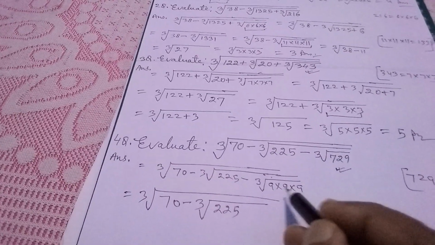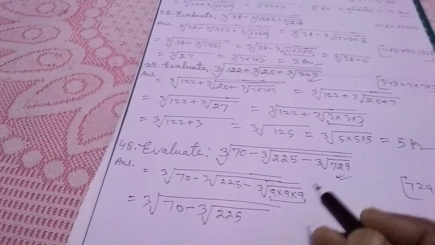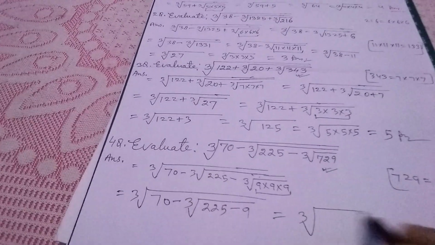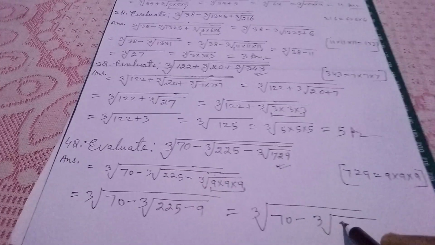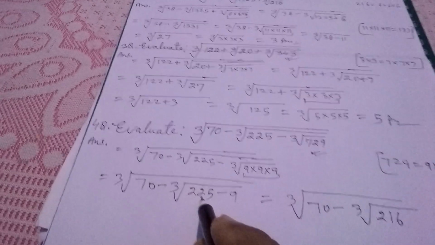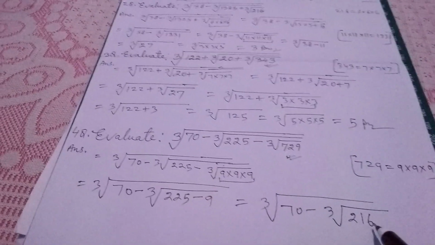One factor is out. For these three similar factors, one factor is out. So minus 9, and this is equal to cube root of 70 minus cube root of 216. 225 minus 9 is 216.